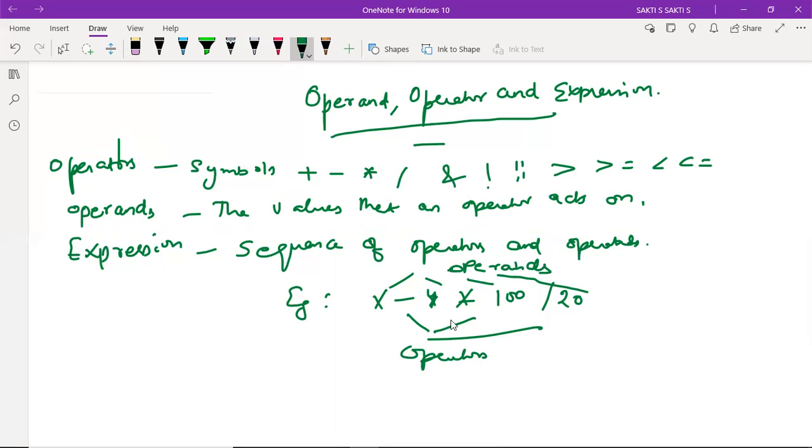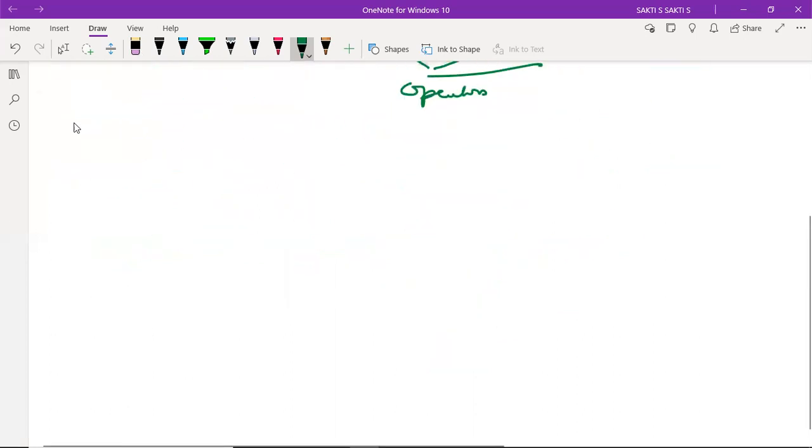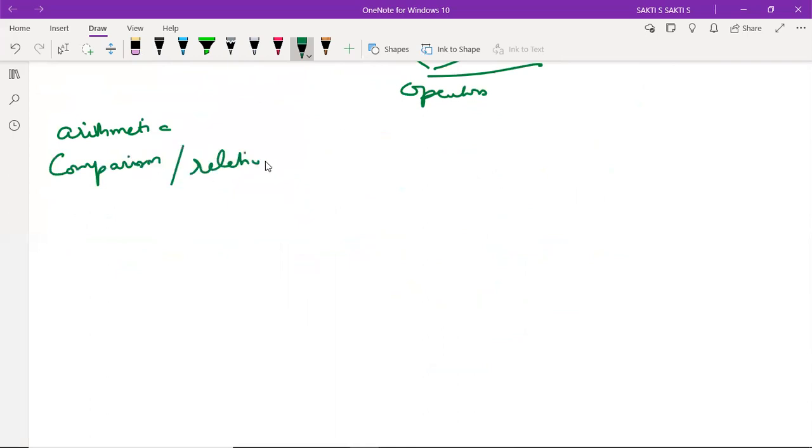So Python supports many operators, namely, as I told you, arithmetic operators. Then you will have logical, and comparison, which can also be called relational: less than, greater than, all those.